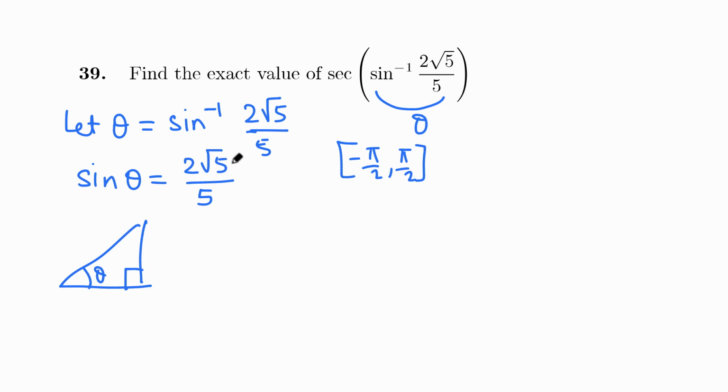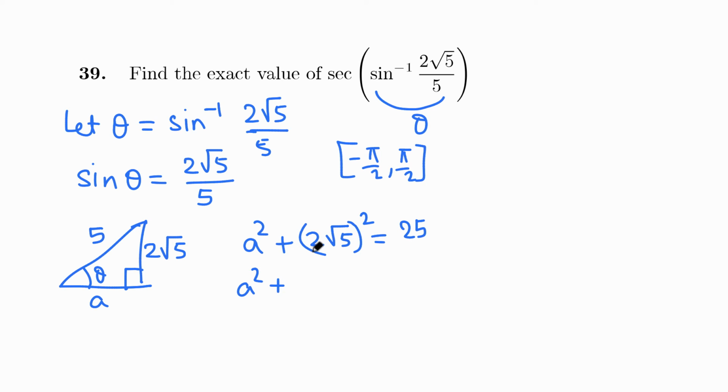Sine is opposite over hypotenuse, so opposite is 2√5, hypotenuse is 5, so we need to find adjacent, and we know that the relationship between these three sides is a squared plus b squared equals c squared. 2√5 quantity squared equals 5 squared, 25.